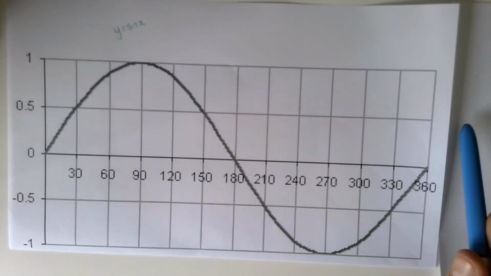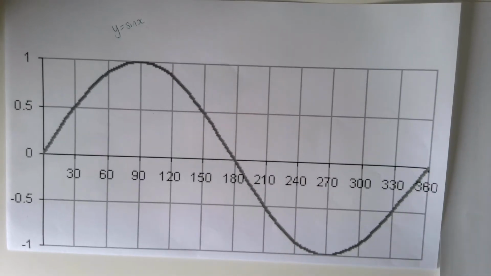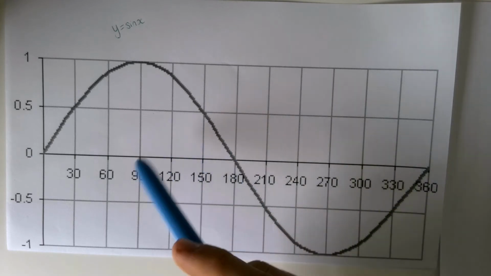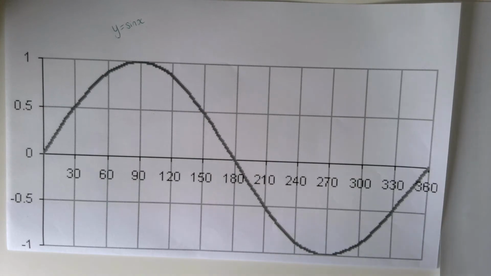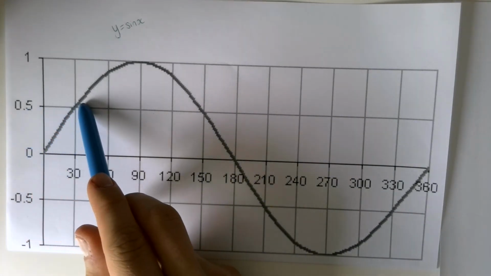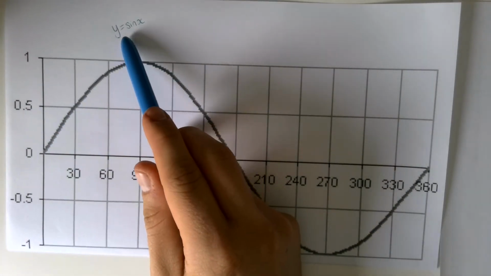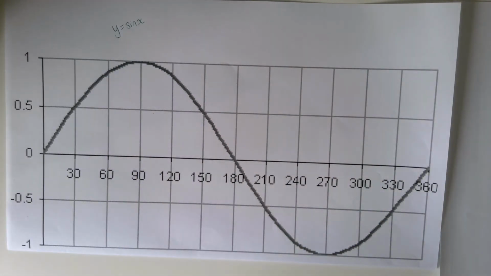There'd be 390. That would also give me a value of 0.5. So actually there are lots of different x values that produce certain y values. Lots of different values of x can give the same answer.